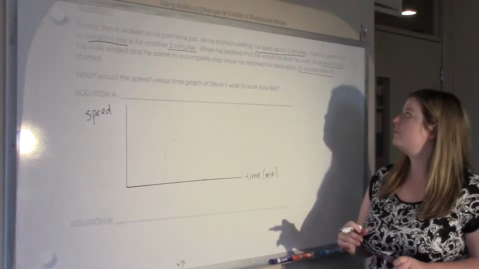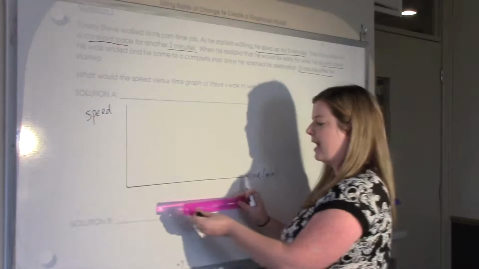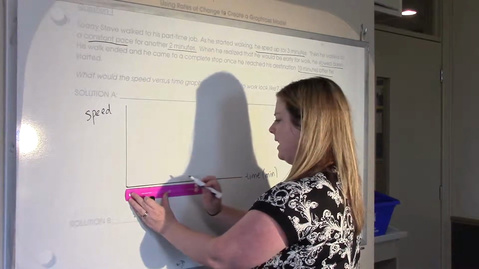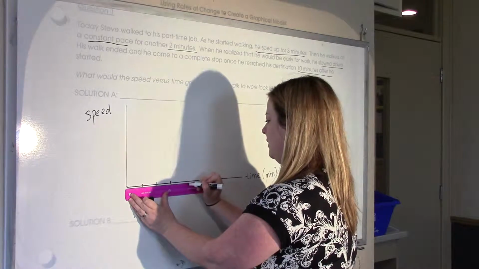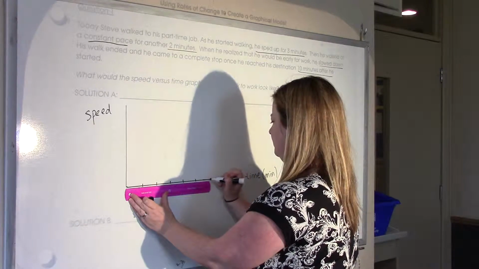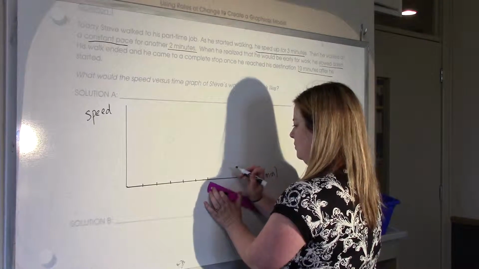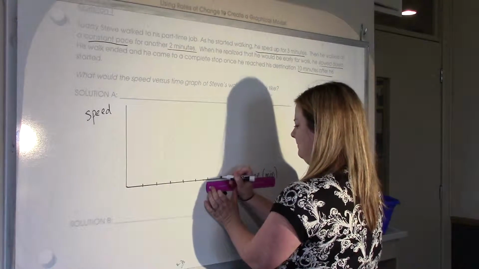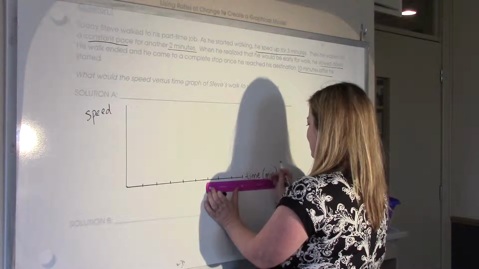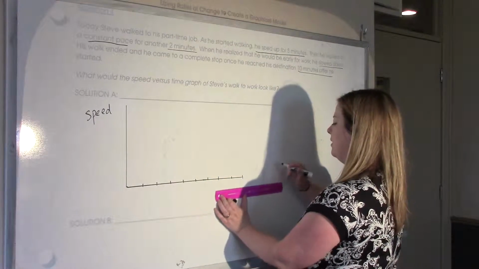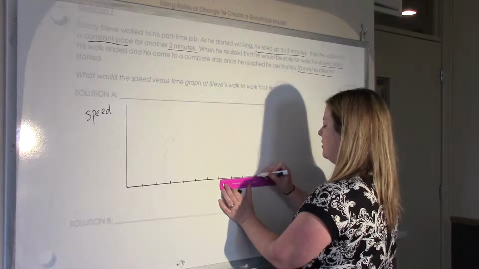Okay, so we do know the time is a total time of 10 minutes, so we want to make sure we have a good scale here for 10 minutes. So I didn't draw it quite long enough for a good scale here.